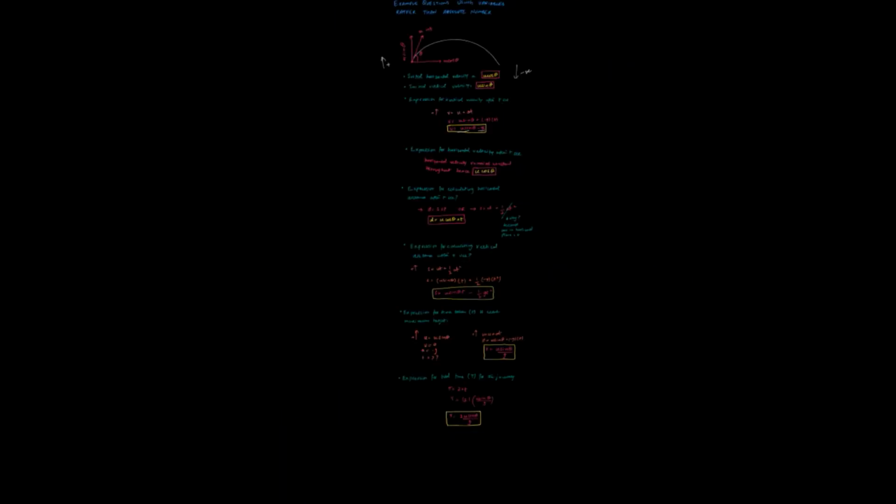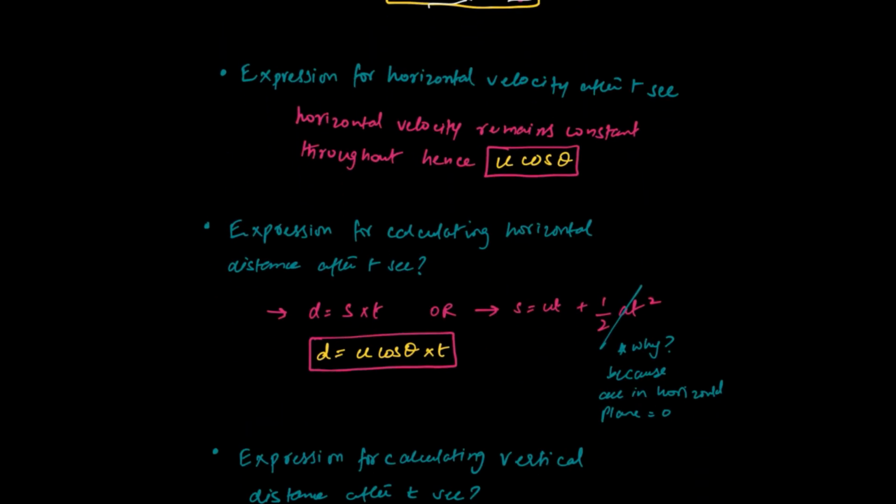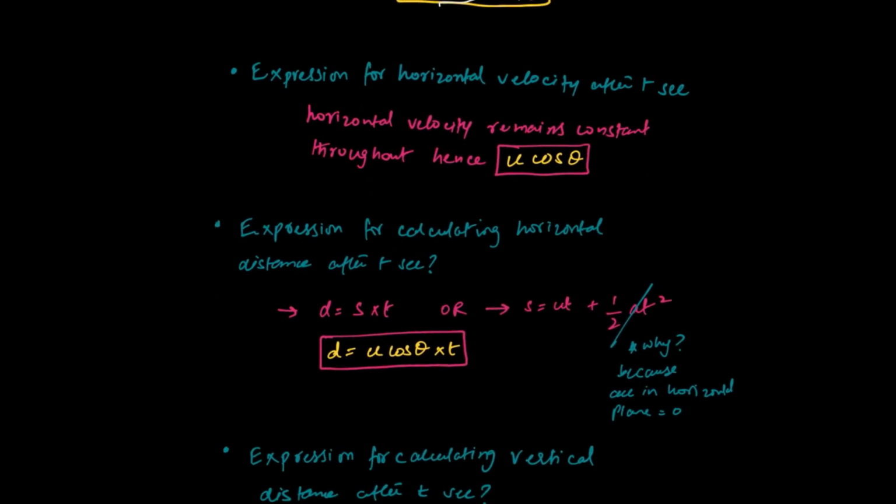Then moving on, the question says expression for calculating horizontal distance after t seconds. And since the horizontal velocity remains constant, the formula that could be used is distance equals speed times time, and why we do not want to use the s equals ut plus half at squared formula?